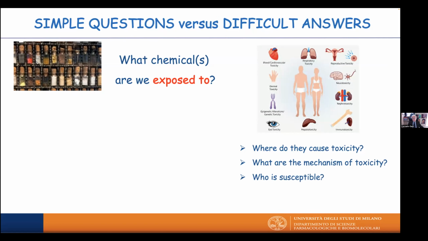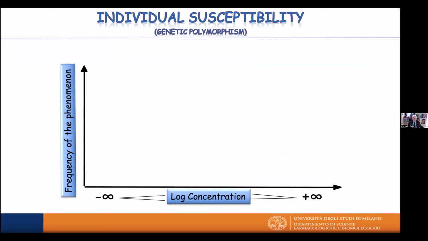Another question is, who is susceptible? This is a very complicated question, because it depends on the genome of people. For instance, allergy sensitization does not depend on a specific dose, an average dose among the population. When we deal with genetic polymorphism, meaning the difference in the genome of individuals in a population, you use another concept.